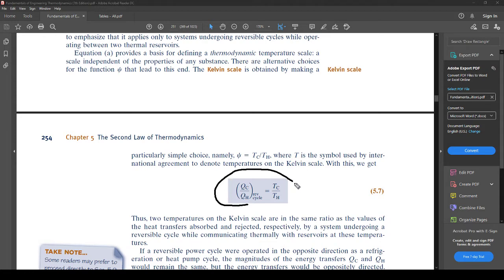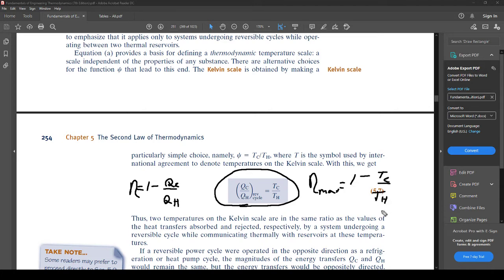So QC over QH, if you guys recall in that equation, 1 minus QC over QH, which was the efficiency of a power cycle, right? But for maximum efficiency, so eta max, I'm surprised I haven't shown these equations yet. It's 1 minus TC over TH.